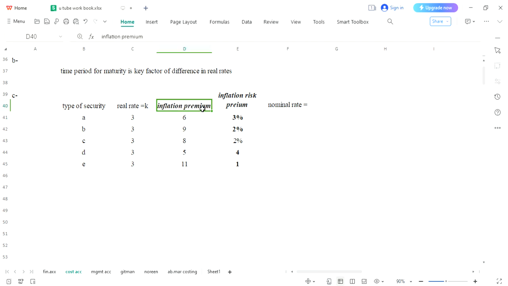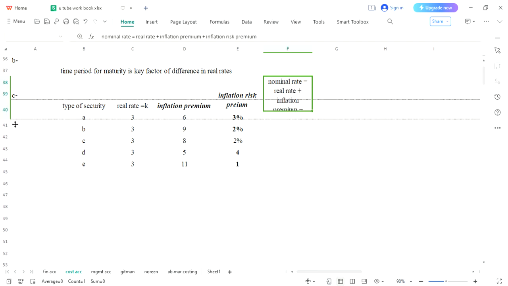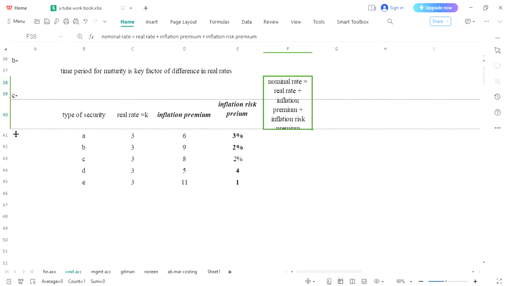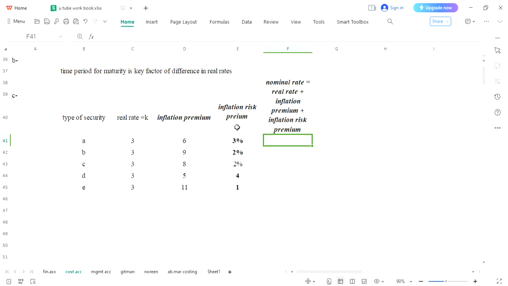All right. So let's make our formula visible if it can, but still more space is needed. Let's make a little more space for it. Okay, still more space. So this is our formula for nominal rate. And finally, what you will do, your real rate was 3%, then add inflation premium 6 and plus 3% of risk rate.